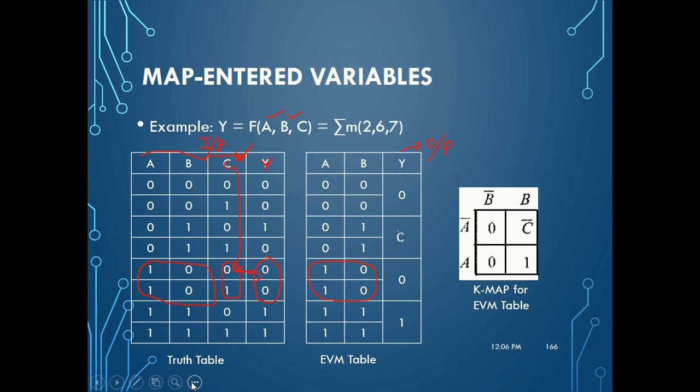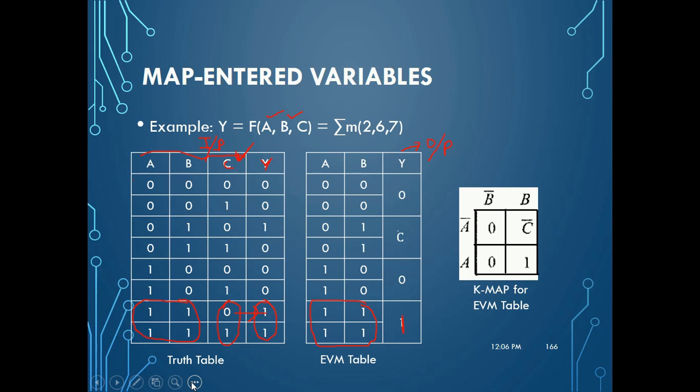Y output is 0, so I can enter it as 0 here. Next, the last step we have, that is A B is 1 1. What happens to the output? Y is also 1. So whatever may be the C input, 0 or 1, you get output as 1 itself. So that's why we enter it as 1.